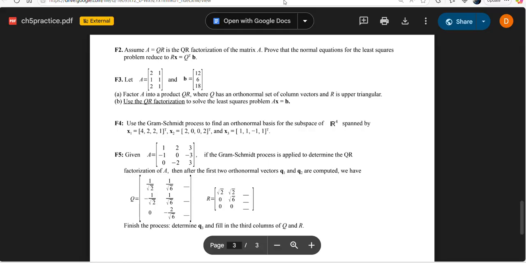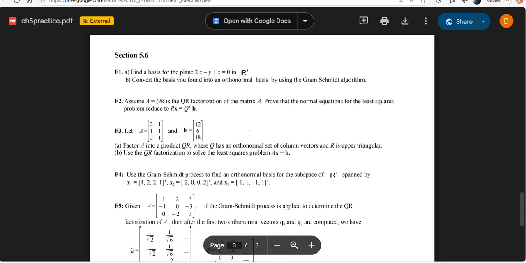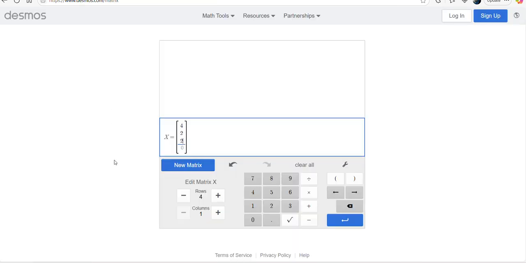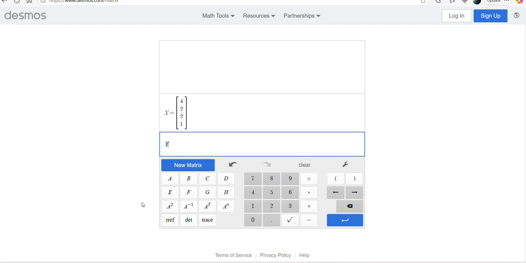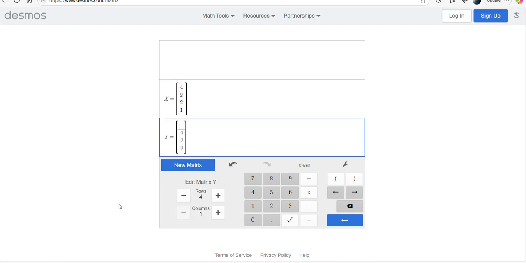So let's go ahead. You can just set it up, and I'll tell you the numbers. Is this the wrong one? No, that's right, F4. Right. So I like to set it up as X, Y, Z, just because there's no X1. So X1, X2, X3 will become X, Y, Z. So Y will be a new matrix of 2, 0, 0, 2.